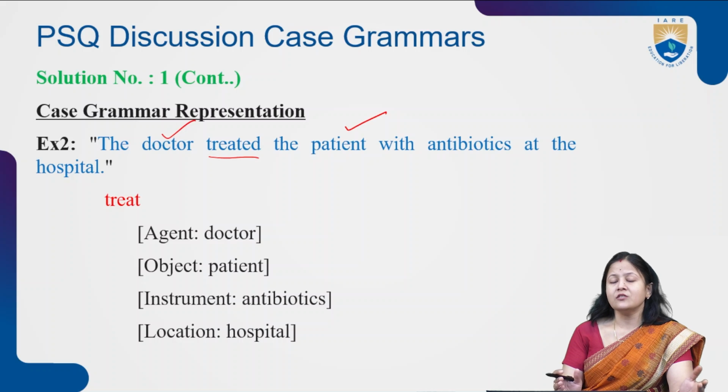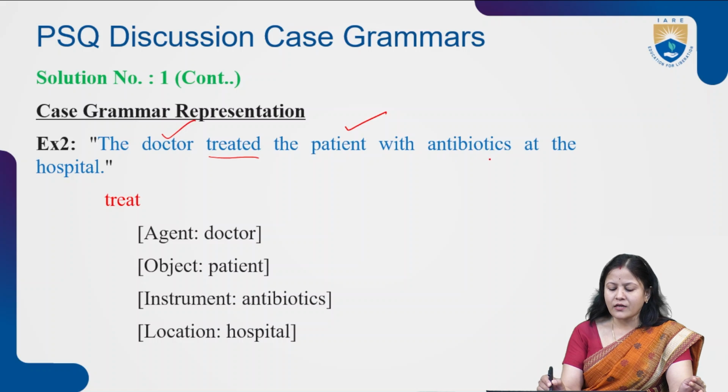Here object represents all the living things, and it even represents the non-living things also. But as doctor is treating the patient, the patient is considered as the object case, whereas doctor is considered as the agent case, because if anybody is performing the action, that can be considered as the agent.